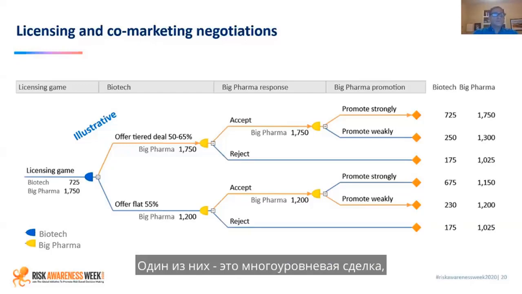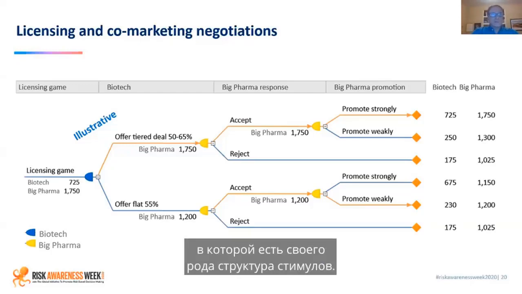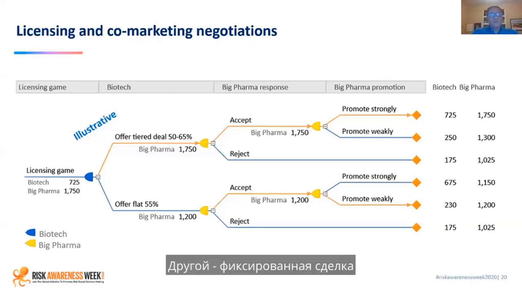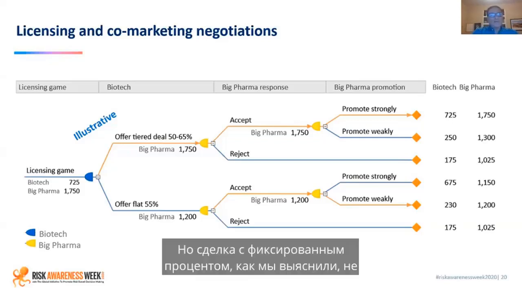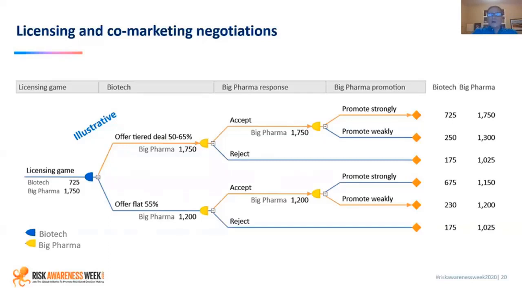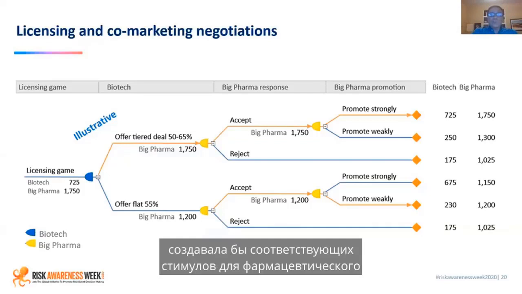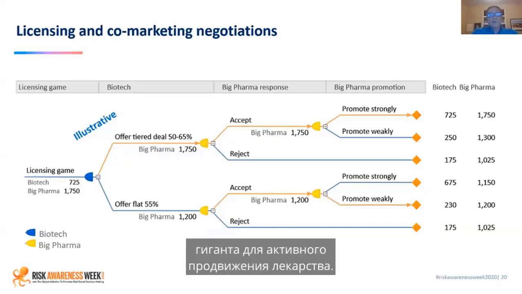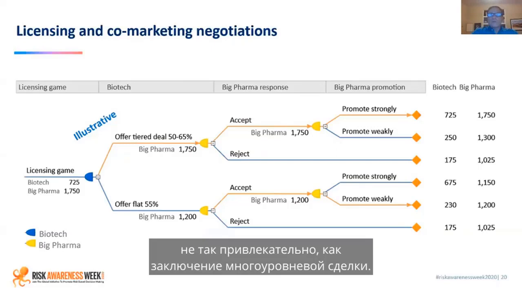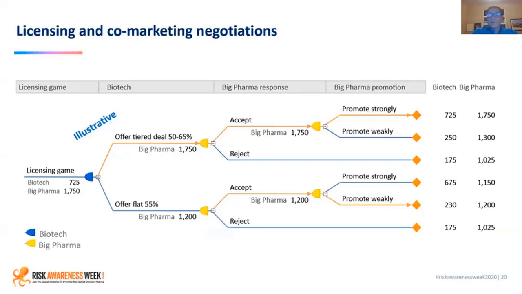One is a tiered deal where there's sort of an incentive structure, or they could just offer a flat deal of a certain percentage. And the flat deal we found was not going to produce the appropriate incentives for the big pharma company to promote the drugs strongly. So value would have to be given up, and that wouldn't be as appealing as doing the tiered deal.